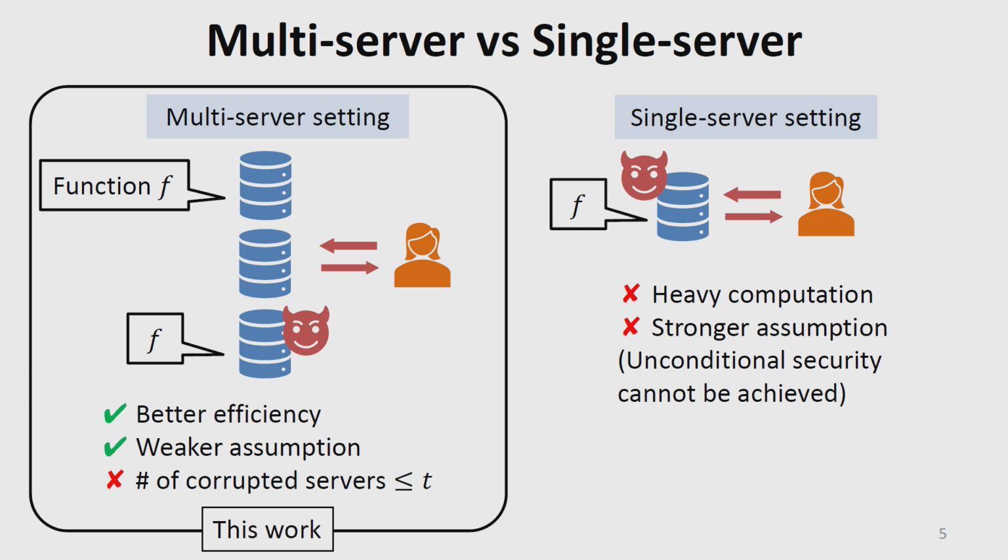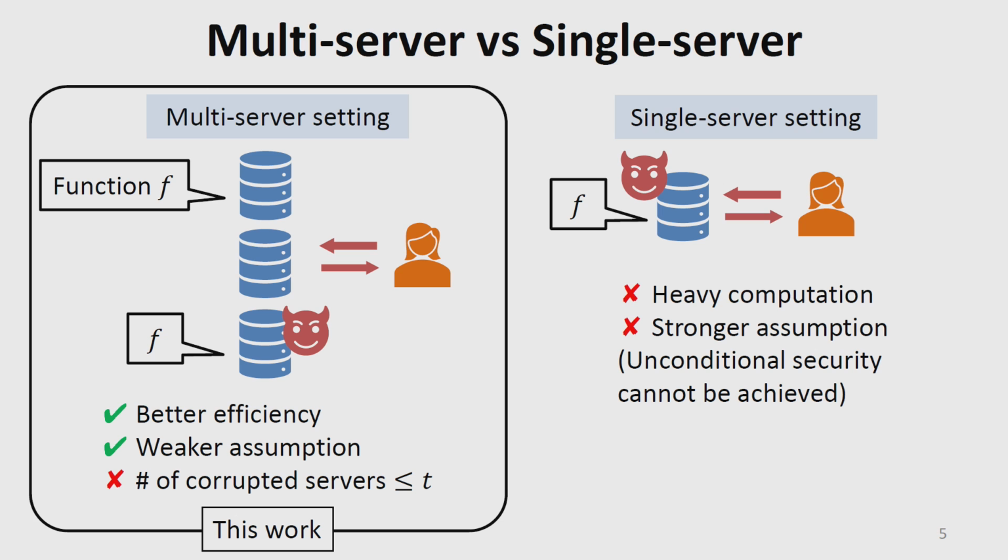So traditionally, there have been two settings for secure database search problems. The first one is a multi-server setting, where more than one server share a function f, and an adversary corrupts a bounded number of servers. The other one is a single server setting, where only one server is available. Typically, protocols in the multi-server setting can achieve better efficiency, and also protocols can be constructed from weaker assumptions or even unconditionally.